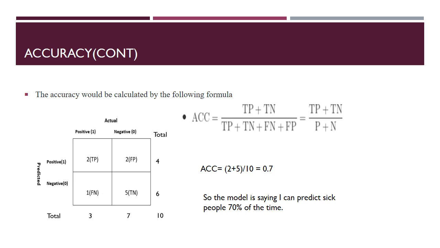Out of 10, 7 records were correctly predicted, which means we have an accuracy of 70%. So 2 plus 5 divided by 10, we will get 0.7, and then we will multiply it by 100 and we will get 70%. So we can say that the model is saying that I can predict sick people 70% of the time.